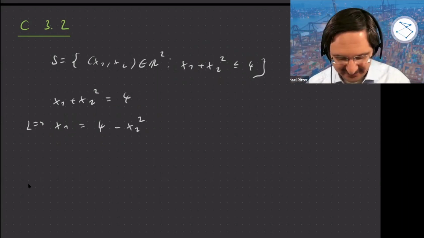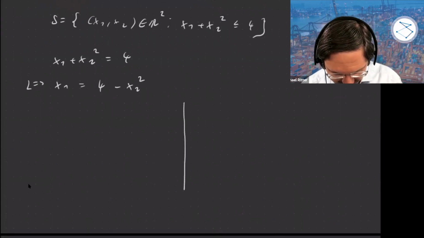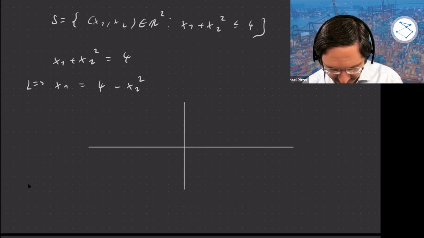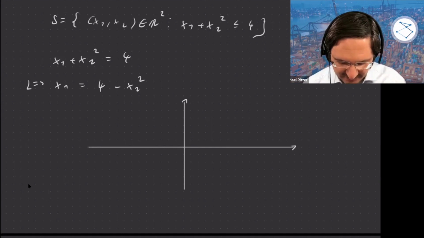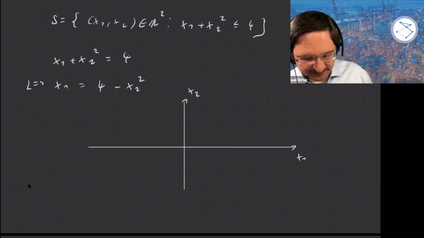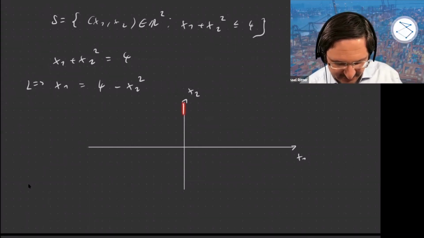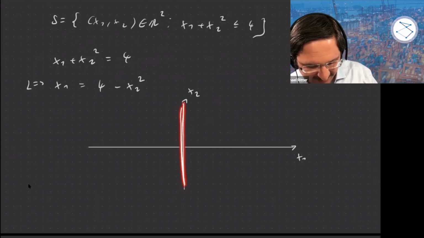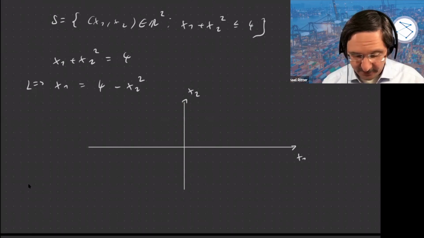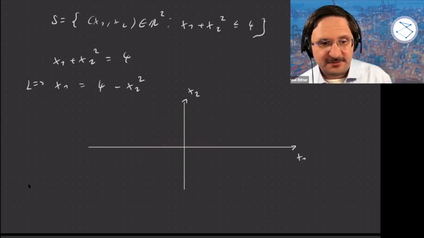So let's try to draw this. Sketch a coordinate system here. So as usual, we have x1 on this axis and x2 on that axis here. Now, again, we vary the x2. So this is our variable axis now, and we then draw the function value above that or below that line. So here are the positive values and the negative values in that direction.